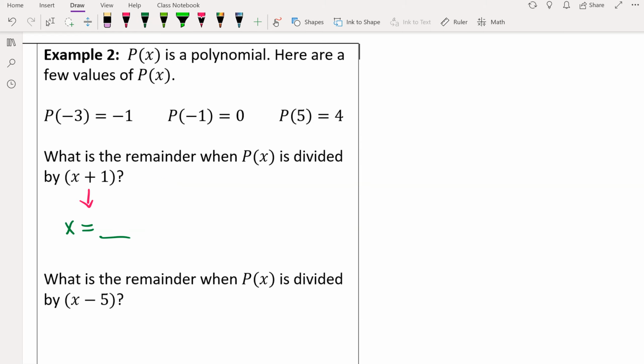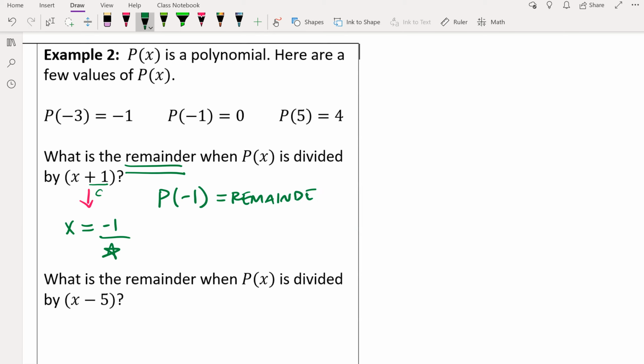All right, we should flip the sign. So x equals -1. Okay, if x equals -1, we could say that if we're trying to find the remainder, we could plug in -1. Flip the sign on c. This would be like the c in our rules. So we're going to say p of -1 equals the remainder.